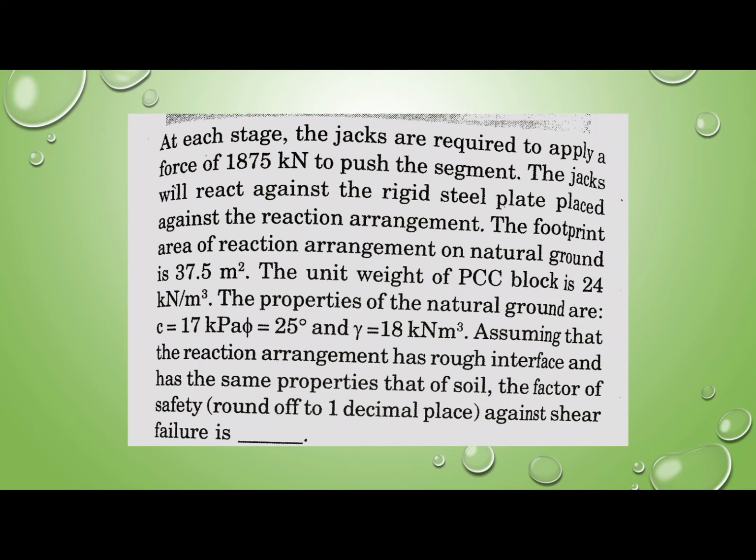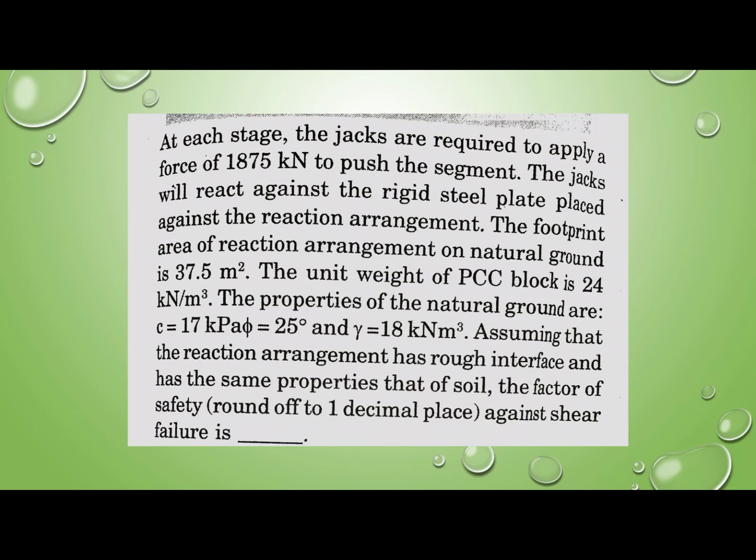The properties of the natural ground are: C is given as 17 kilopascal, phi is 25 degree, and gamma is given as 18 kilonewton per meter cube. Assuming that the reaction arrangement has rough interface and has the same properties that of soil, the factor of safety, round off to 1 decimal place, against shear failure is what?